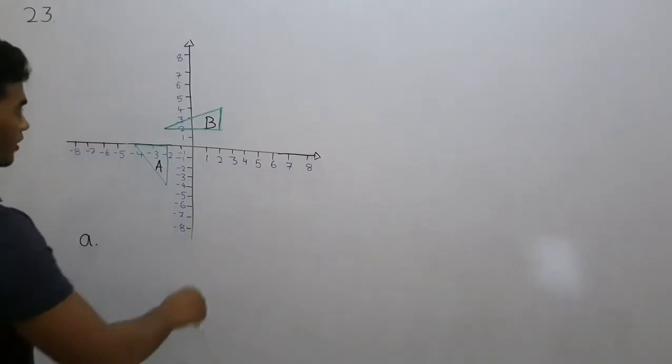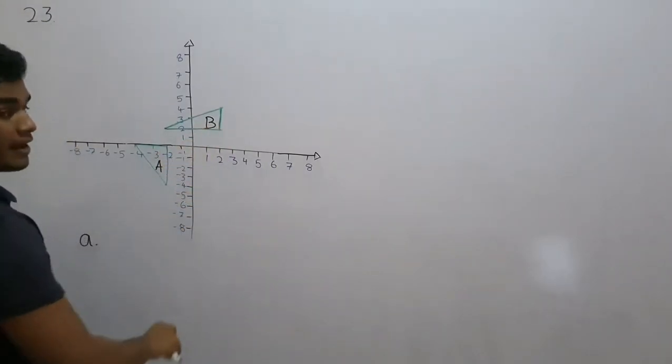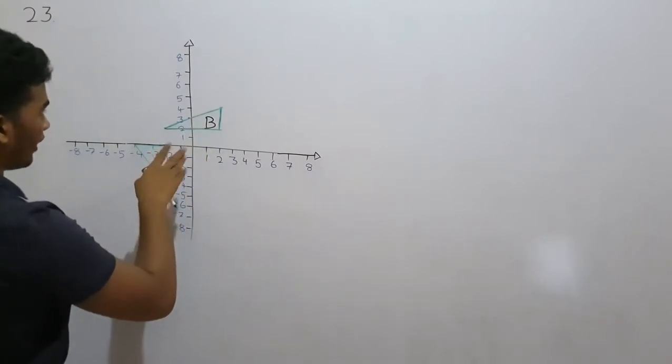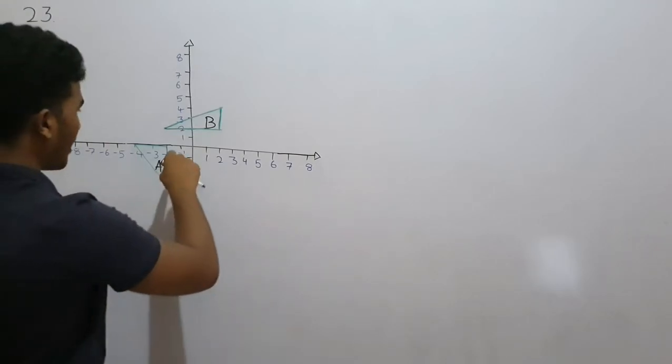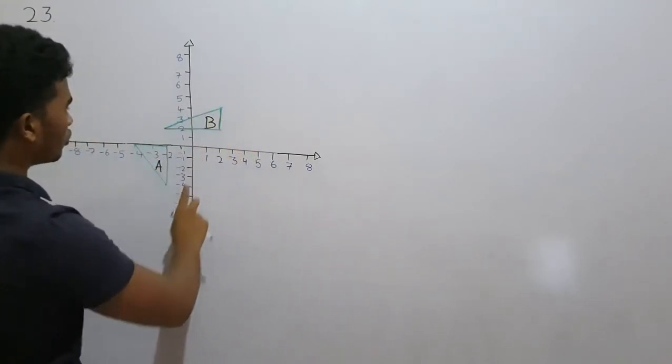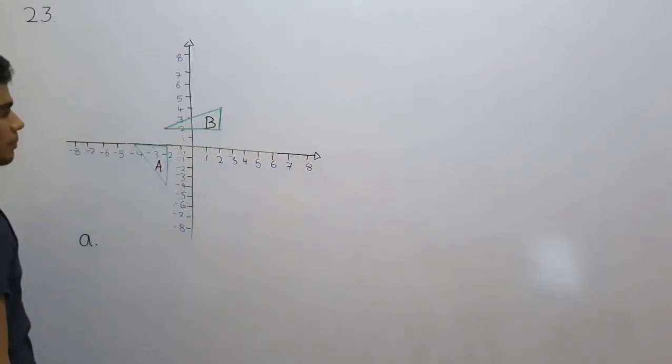Now you can see the sizes of the two triangles A and B are not different, they are the same. So there is no enlargement or anything happening. So you can see there is only a rotation which has happened.